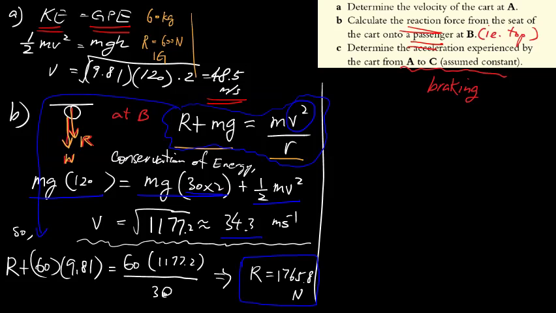So in this case, since the reaction force on that person is 1,700 something, you can try to think about this: reaction force equals mass times acceleration. So that's the acceleration that he or she experienced. Not exactly, but the feeling itself.